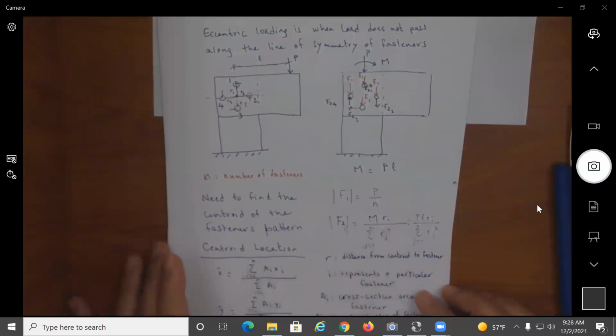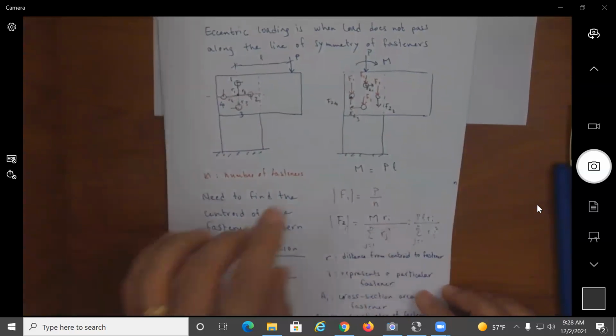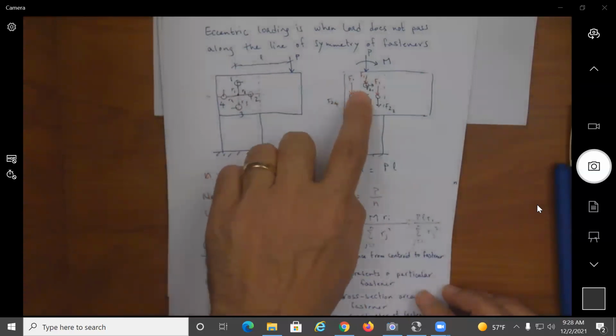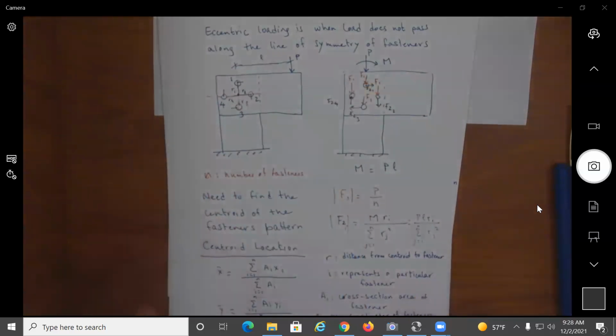And then we look at the two components, F1 and F2, and add them together to find the resultant force that each fastener is going to get. Accordingly, we can find the shear stress in the fastener or the bolt, whether it's going through the threaded or unthreaded. We can find the bearing stress, and we can find the bending stress of the members as we have done in the example. This completes all the learning that we need to do in this class.